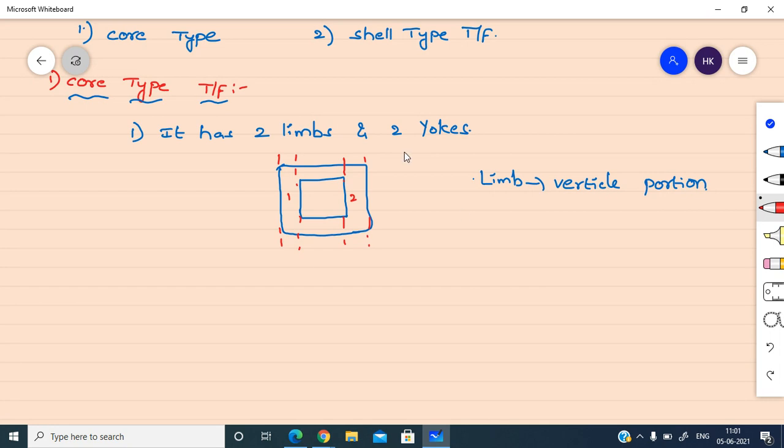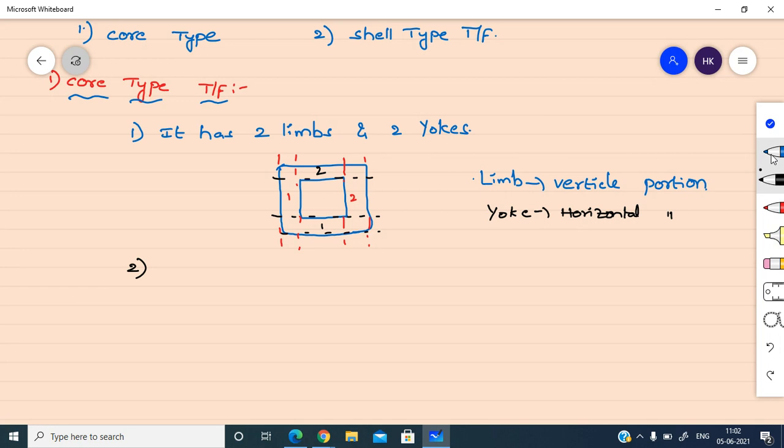Next, two yokes. Yokes means horizontal portion of the core. The top and bottom portions are the horizontal portion. So these we have two again. So yoke is nothing but horizontal portion of the core. So this core type transformer has two limbs and two yokes.